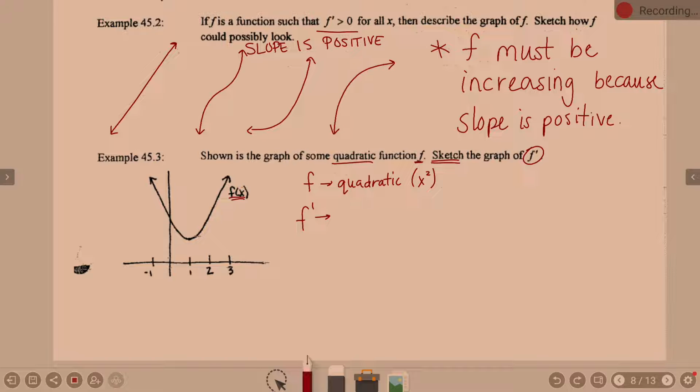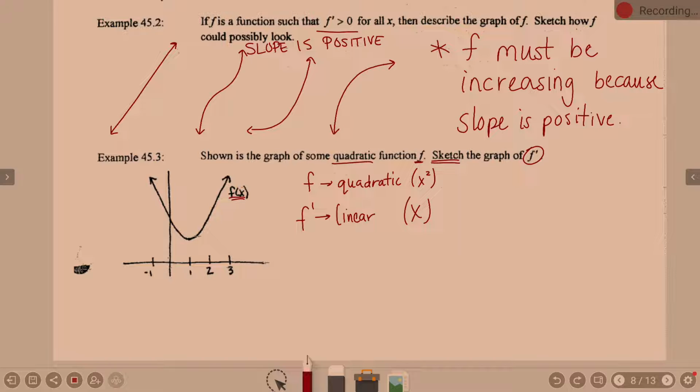What are you thinking about f prime then? So it would be power of 1, right? So you take the derivative of that, power of 1. If you take the derivative of an x squared, you're going to get an x to the first. But if you take the derivative of x squared, you're going to get an x, which represents what shape? A line, right? So when we draw f prime, we're going to be drawing a linear graph.